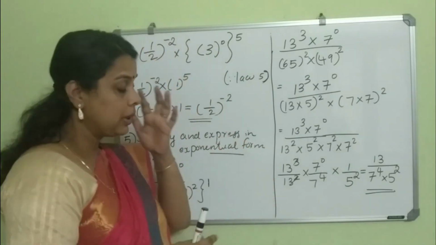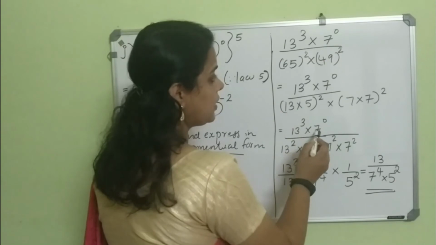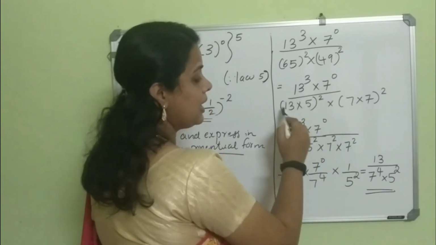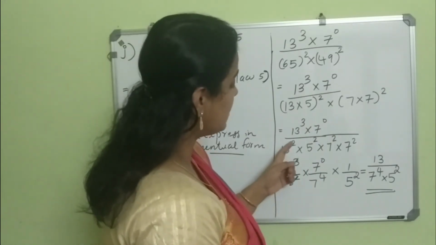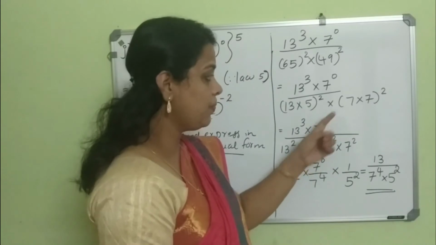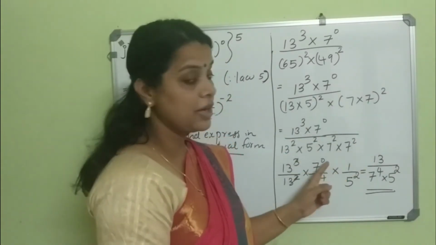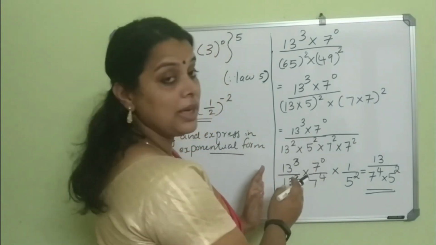Now grouping them. Grouping all the numbers. See here, 13 raised to 3 into 7 raised to 0 as it is. 13 into 5 raised to 2, we are again splitting. That is 13 square into 5 square into 7 square into 7 square. It's all laws we are using. Okay. Now we are grouping the numbers.